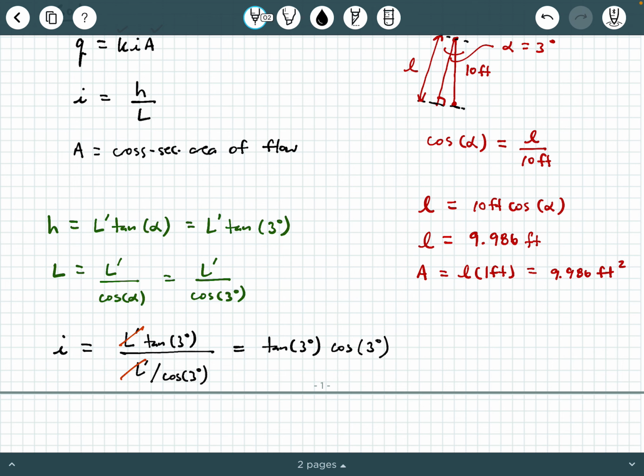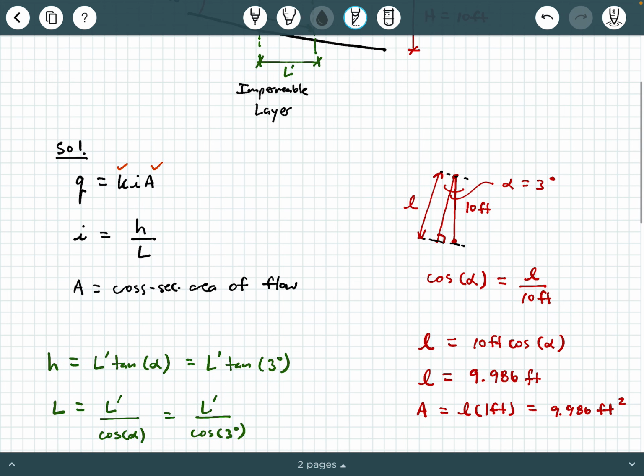So what is tangent of something times the cosine of that same something? Well, you know, tangent is defined as sine over cosine. So you can clearly recognize this simplifies down to sine of 3 degrees, okay? And so that's I, right? That is I. And now we can check that off.